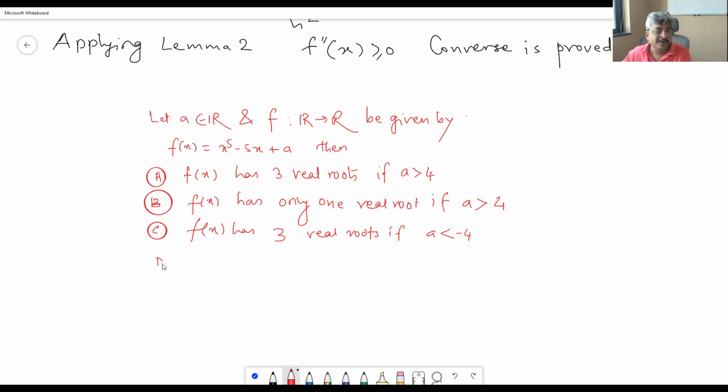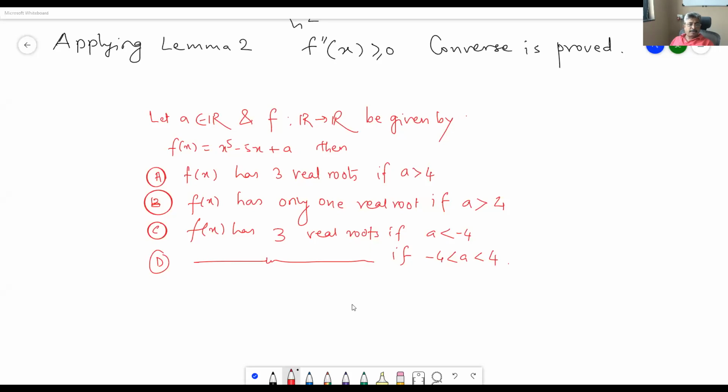D: 3 real roots if minus 4 is less than a is less than 4. Multiple choice correct question. More than one answer correct.